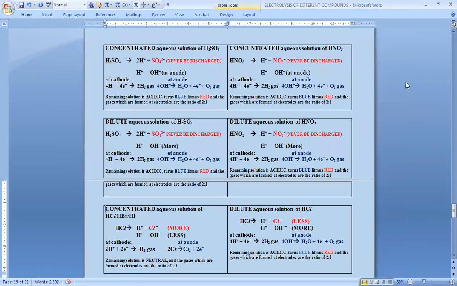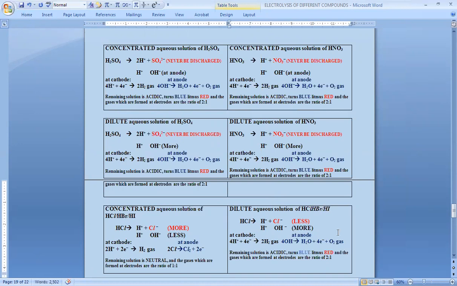Now you can see and check concentrated aqueous solution of sulfuric acid, dilute aqueous solution of sulfuric acid, concentrated nitric acid, dilute aqueous nitric acid, and their results are the same as dilute aqueous HCl, HBr, HI.